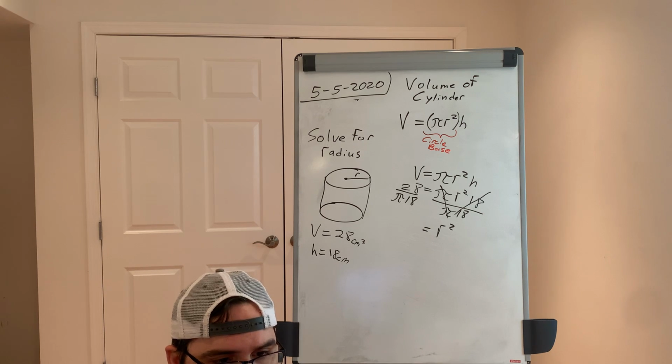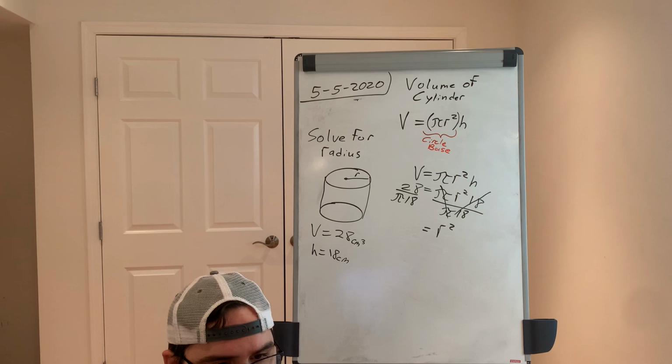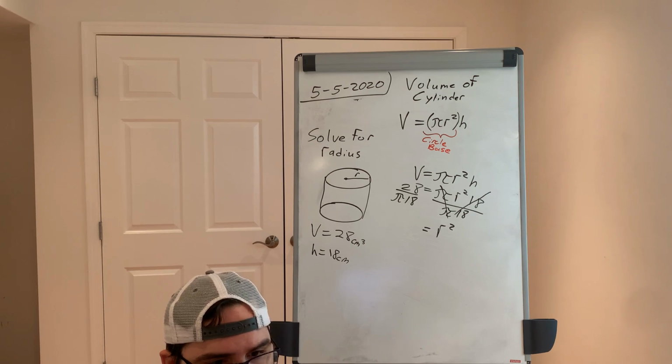If I plug in 28 divided by 18 pi, it's not going to work. You have to multiply the pi times the 18 first, you would write that number down, and then you would divide 28 by this number.